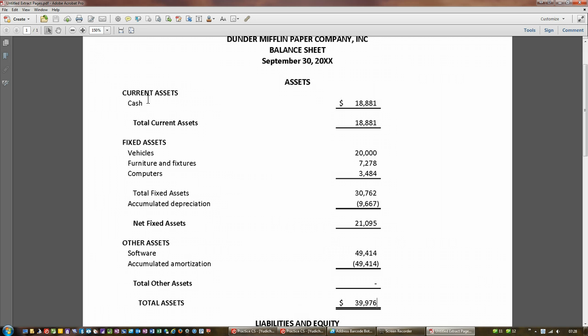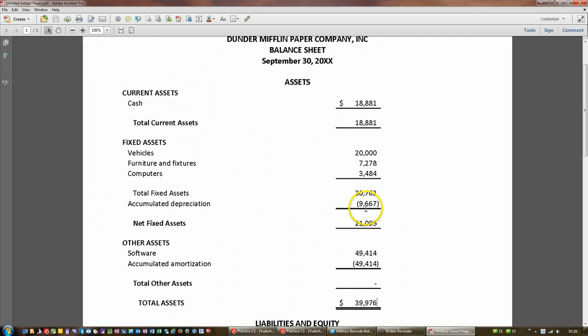Then you're looking at fixed assets. These are assets that are going to have a useful life of more than 1 year. A good example of that is a vehicle. A vehicle is going to have an asset life of 5 years. So the vehicle is bought for $20,000, and every year we're going to depreciate, or expense, that vehicle for $4,000. 20 divided by 5 equals 4,000. So what we do then is we show accumulated depreciation.